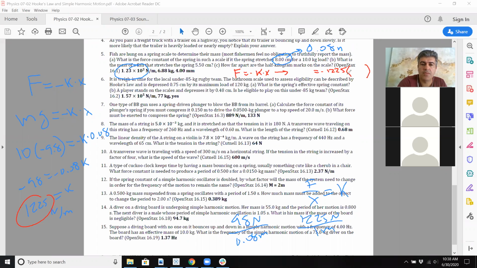Is that 0.08? But we're doing part B, not part A anymore. Oh, 5.5, but we need it in meters. Remember, where should you move the decimal point? Oh, sorry, 0.055. Perfect. Thanks so much.